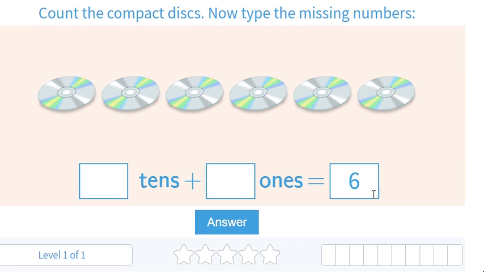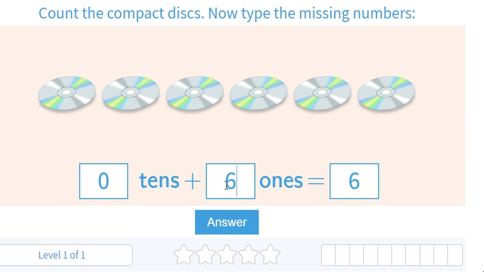This number 6 does not have any 10s. And when you see a number before a group of ones, that tells you how many 10s it has. And this group has 0 10s, so we're going to put a 0 here. Plus ones, so we have 6 ones.